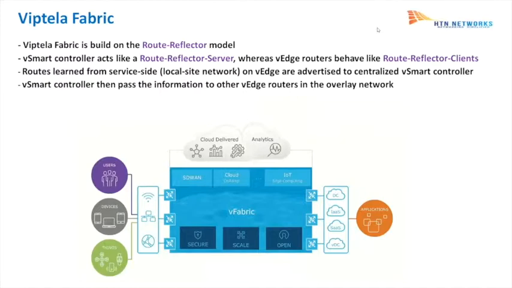So if you see this picture, on the right-hand side you have your data center, you have your cloud, IaaS, infrastructure as a service, SaaS, you have some other virtual data center. All the applications are sitting over there. And then on the left-hand side, you have users, devices, and other things which are connected on the network.